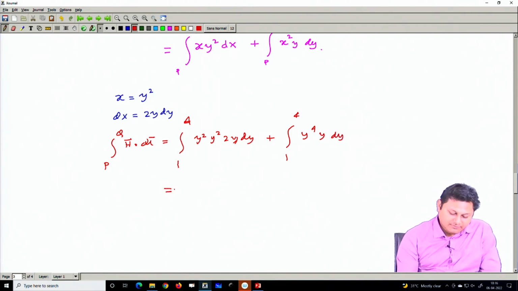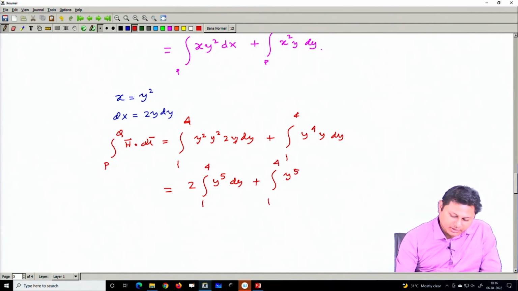So, I have 2 times the integration of y to the power 5 dy plus the integration from 1 to 4 of y to the power 5 dy.